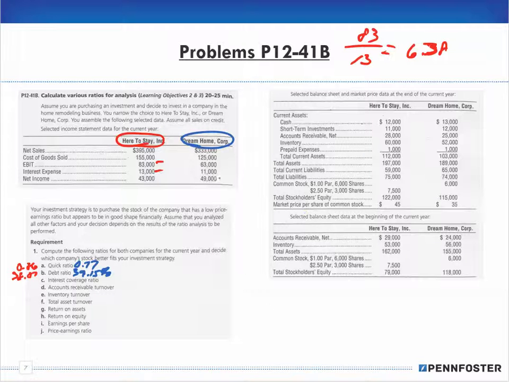Okay, so 63 over the 11 is 5.73. So I have 5.73, and I have 6.38. I'm going to erase this, so pause the video.